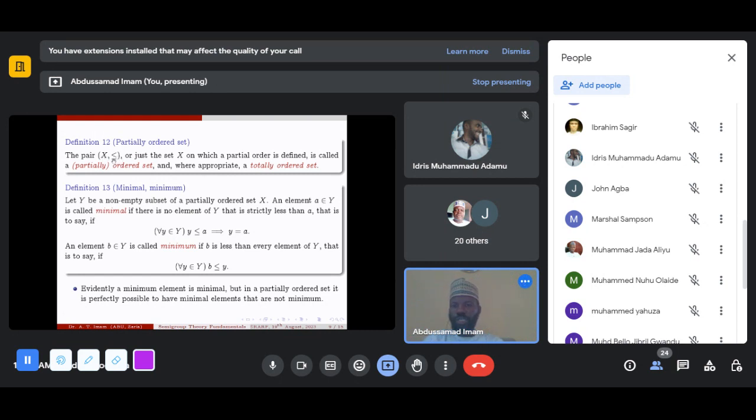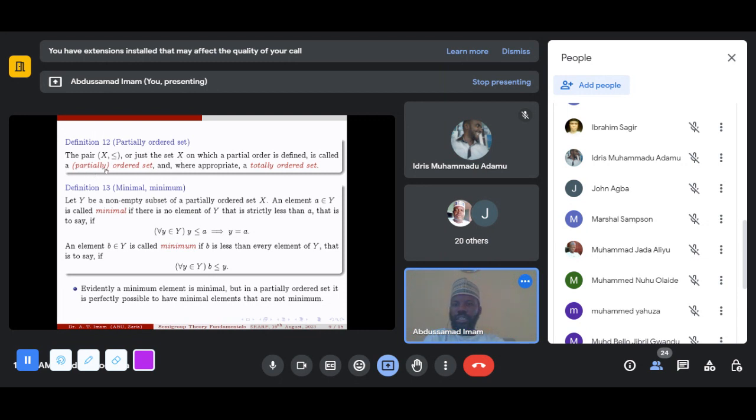Or we have a set and a binary operation, we say the pair is a group or semigroup, something like that. So here the partial order is like defining a structure on the set. So the pair X together with the partial order, or most of the time if the partial order is understood from the context, we can just drop it and call the set a partially ordered set.